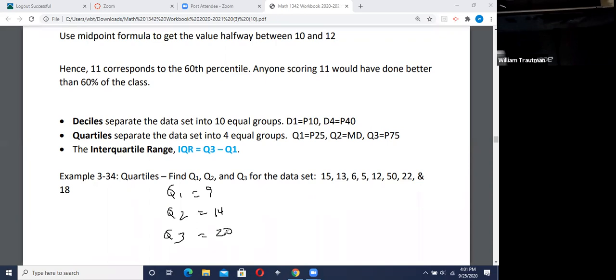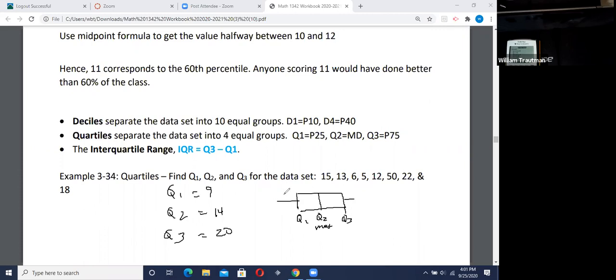Now, there's something else that we're going to learn about, the interquartile range. By the way, we're going to be looking at box plots tomorrow. When we do a box plot, this is Q1, this is Q2, the median, and this is Q3.